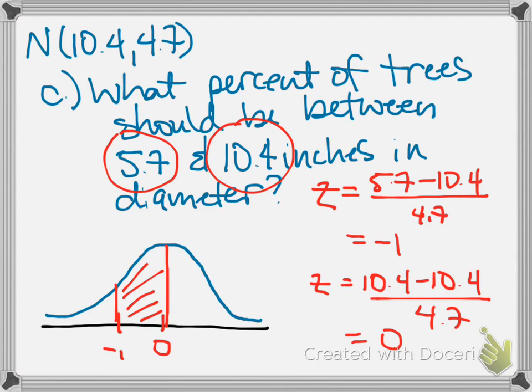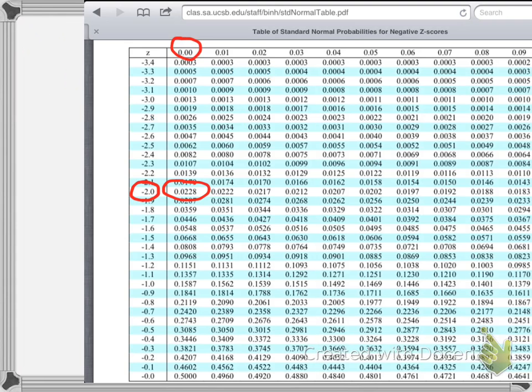Like we've already done before, what we need to do now is either refer to our standard normal table or use our calculator to figure out the proportions that correspond to these two z-scores. So let's look at the value of a z-score of negative 1. A z-score of negative 1 corresponds to a proportion of 0.1587.